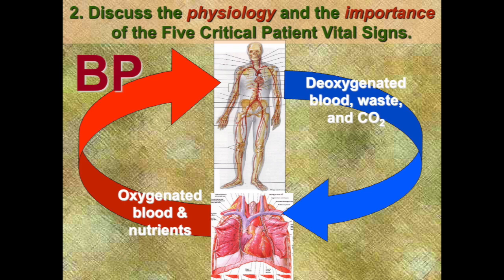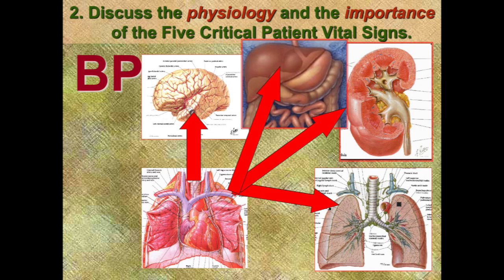And then there's deoxygenated blood, waste, and carbon dioxide that's put out by the cells. They're pumped back along the circle, back to the heart, and then sent to the proper organs so that things are taken care of, like CO2 breathed out, or detoxification in the liver, or the making of urine in the kidneys, whatever. Each of the major organs, the lungs, the kidneys, the liver, and the brain, need a ton of blood supply to keep them alive.